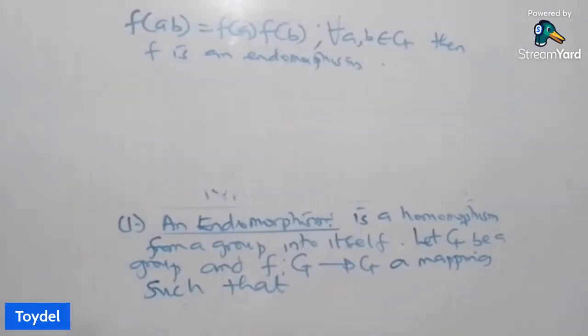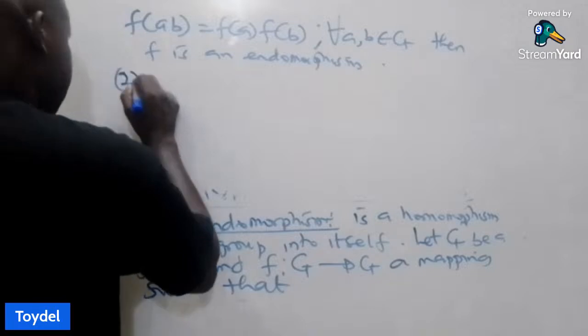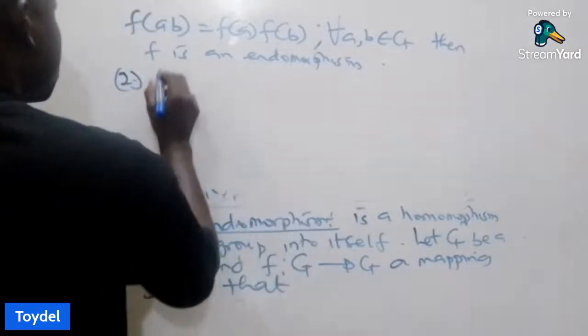So that's the definition of endomorphism. Endomorphism is a homomorphism from a group into itself. That is, when we have a group into itself, it is called endomorphism. Then we go ahead and talk about the second type of homomorphism, and it is called a monomorphism.